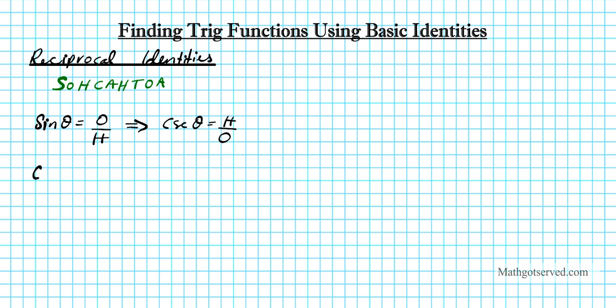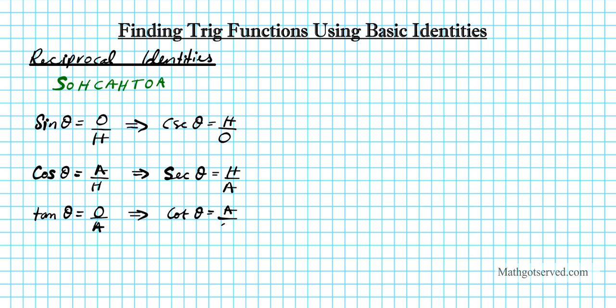And cosine theta is adjacent over hypotenuse, which implies that secant theta equals hypotenuse over adjacent. And we know that tan theta, from TOA, equals opposite over adjacent, and that tells me that its reciprocal, cotangent theta, is adjacent over opposite. All right, so there we have it.